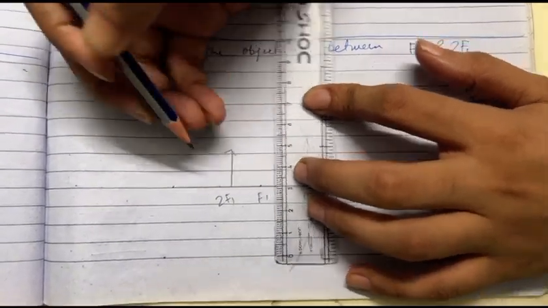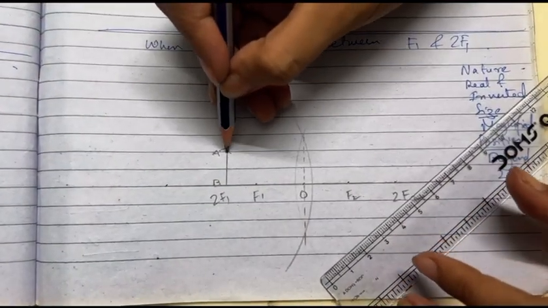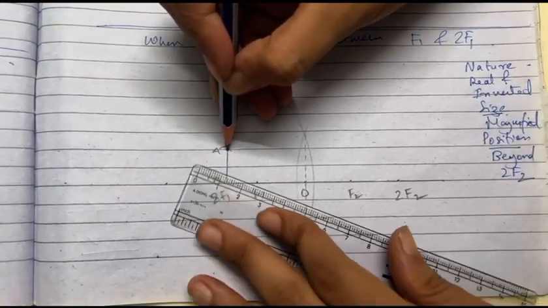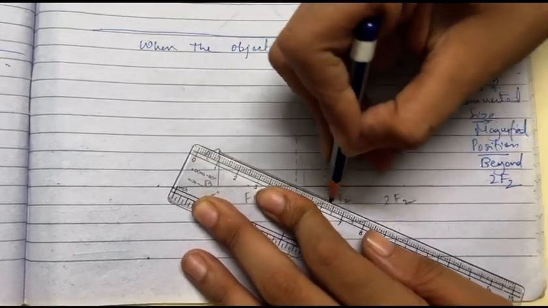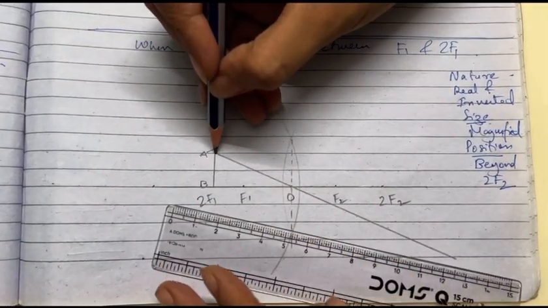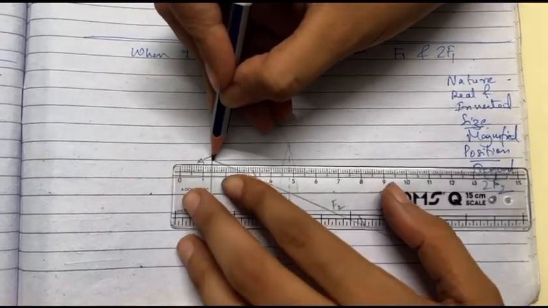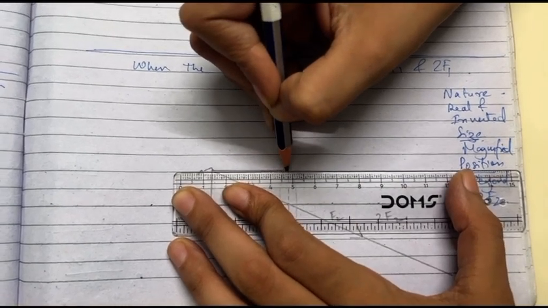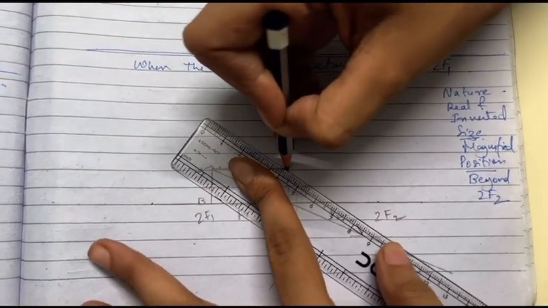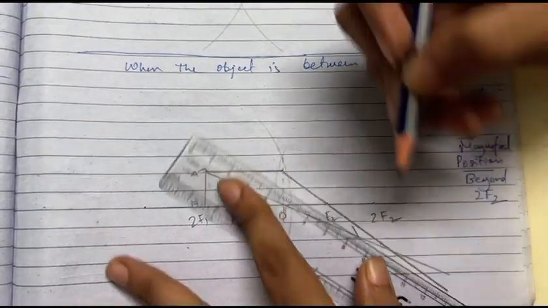This is the object A, B. Now again there will be two rays. One ray will pass through the optical center, so it will pass undeviated, and the other ray will be parallel to the principal axis, therefore the refracted ray will pass through the focus.